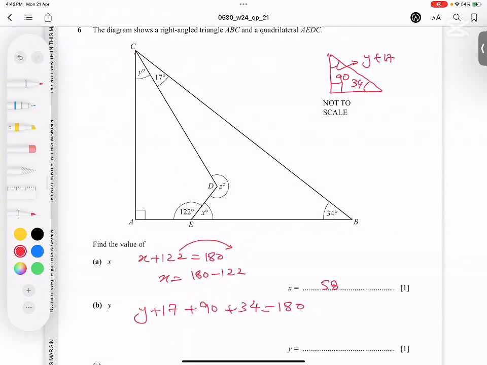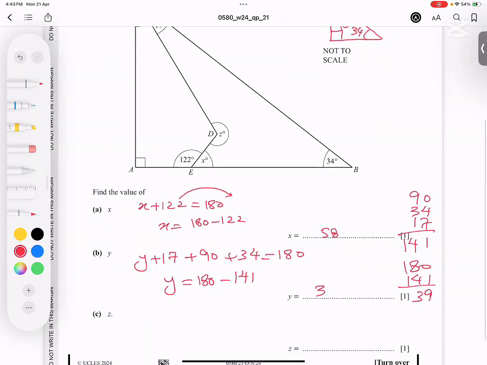If I add them, try your level best, doing it manually, I get 141. So when I subtract 180 minus 141, I get a 9, and from 7, I get 39. So 39 is my answer for y. I hope the point is very clear, and let's go for the next.